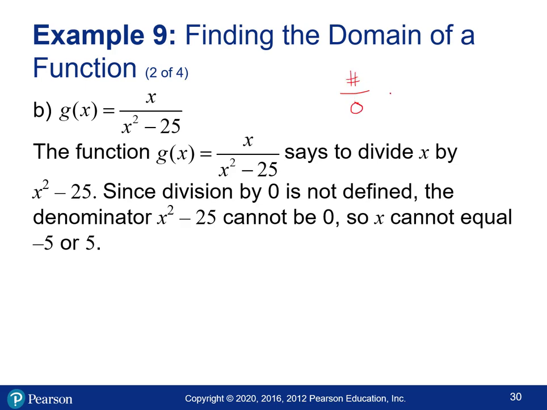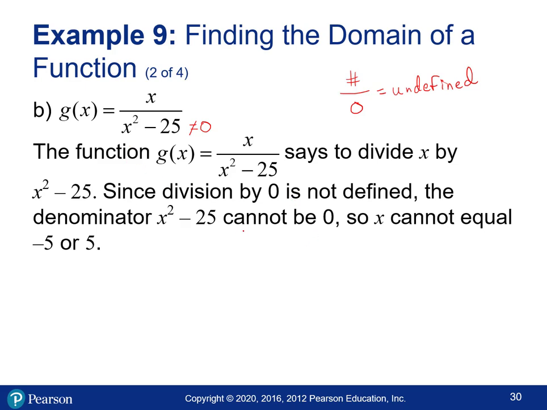We've hopefully talked about this before. If you didn't know this, let me make this clear: anytime you have 0 in the denominator, this is considered undefined. So I don't want this denominator to be 0, so I have to find the numbers that I plug in for x that make this 0, and I can do that off to the side.